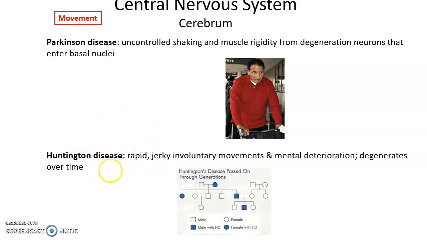So they have very rapid, very jerky, involuntary movements. And also for Huntington's disease, they have a lot of mental deterioration. So there are obviously other functions associated with the basal nuclei. Both of these disorders, Parkinson's and Huntington's, are degenerative. They get worse over time. There are only treatments to try to slow down the breakdown of the basal nuclei.